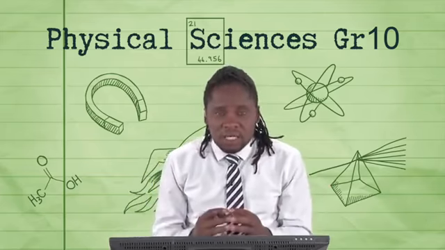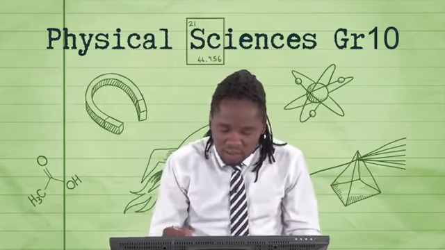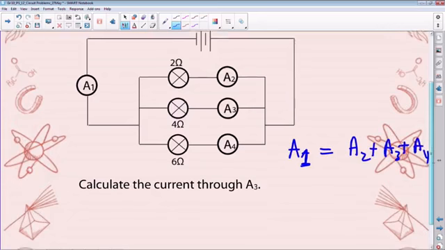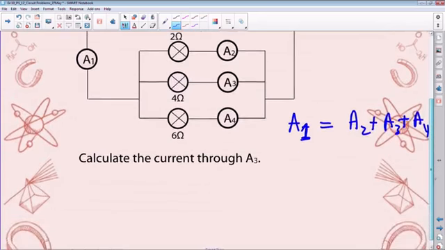However, the total current that flows through A1, the reading on A1, must be equal to A2 plus A3 plus A4, because this is a typical parallel circuit, because current is divided.